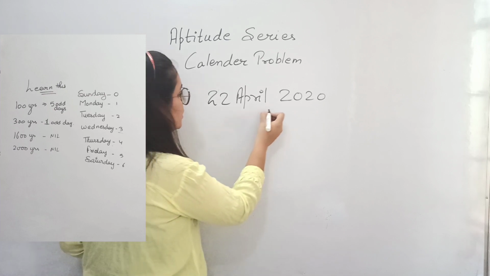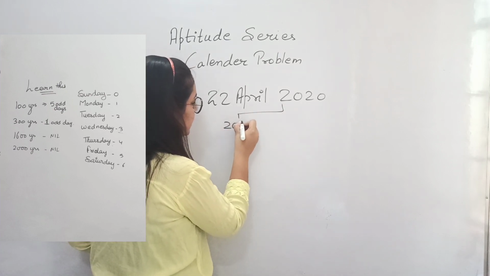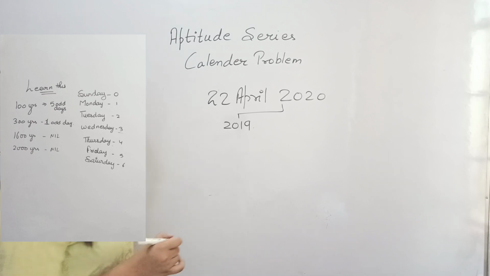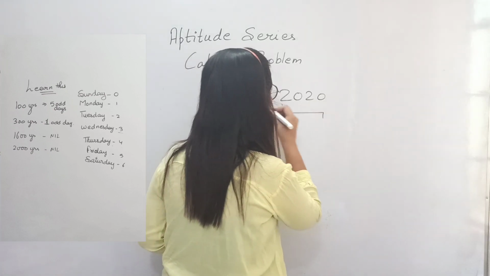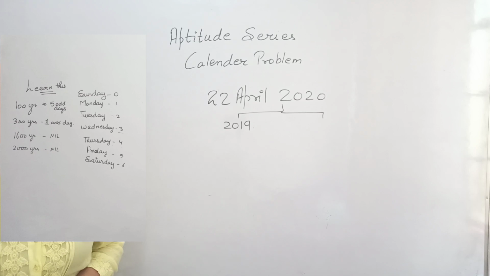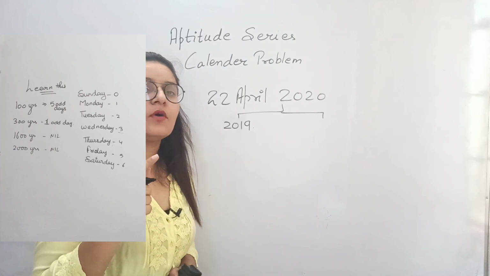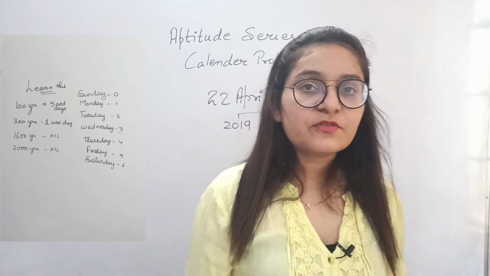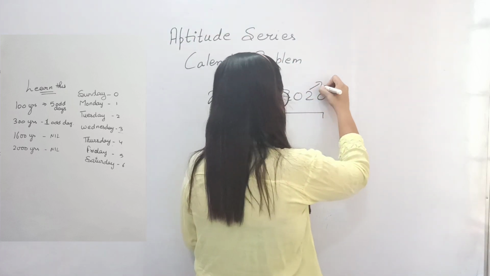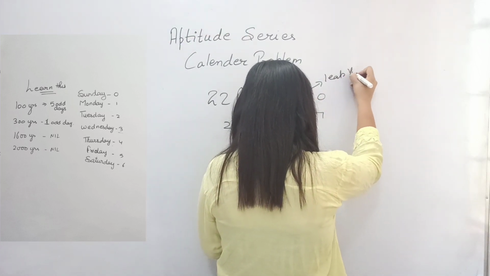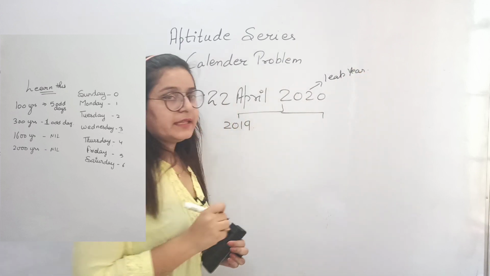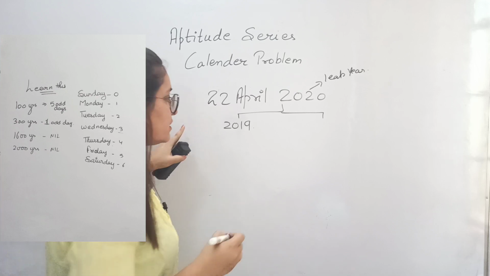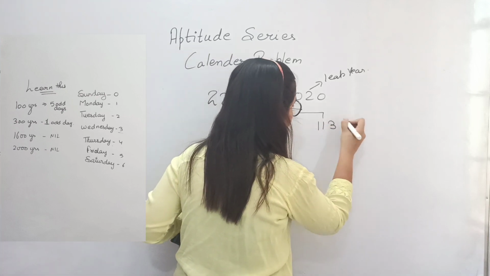Now here 2019 years are totally completed, and up to 22 April we have to calculate the number of days. 31 days in January, 29 days in Feb, because this is a leap year, and then March 31 days and 22 days of April. This is 113 days.